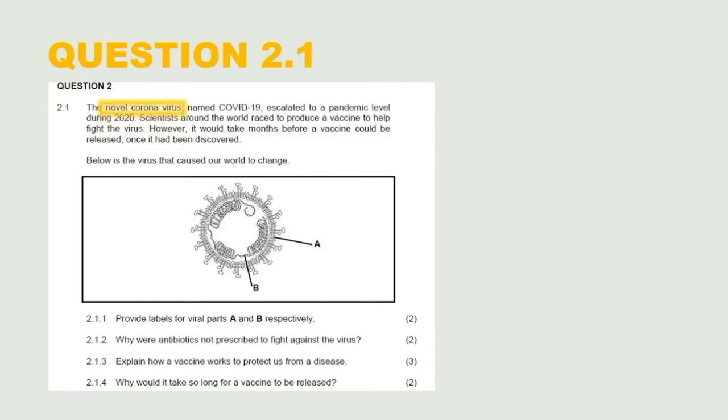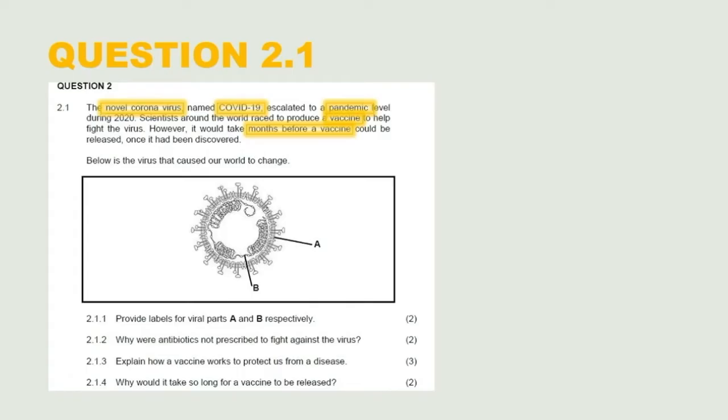Here it states in 2.1 that the coronavirus named COVID-19 escalated to a pandemic level during 2020. So scientists around the world raced to produce a vaccine to help fight the virus. However, it would take months before a vaccine could be released once it had been discovered.